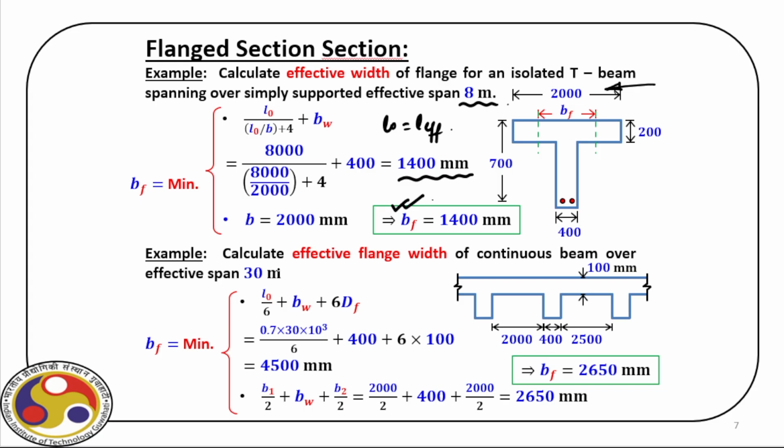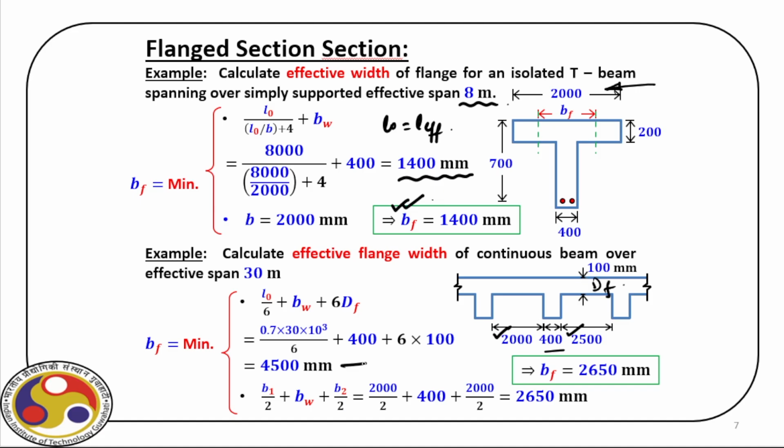Now, if we extend that example for a continuous beam with effective span 30 meter, then we have these dimensions given. Then for this beam, again, L0 is actually 0.7 times the effective span, which is 30, divided by 6 plus BW, which is 400 here, plus 6 times 100, that is capital DF.